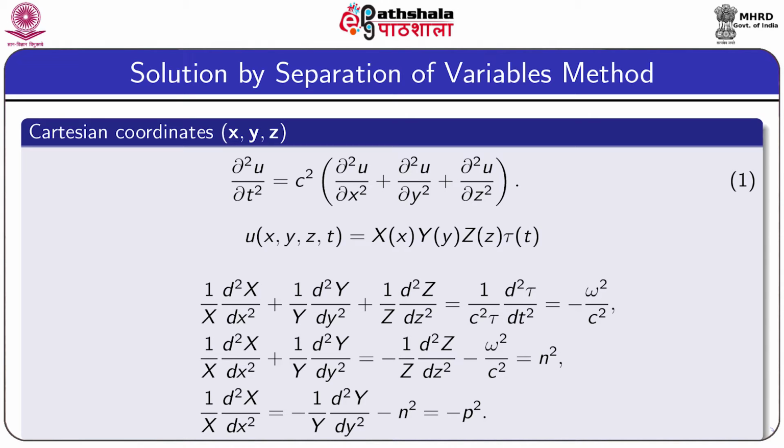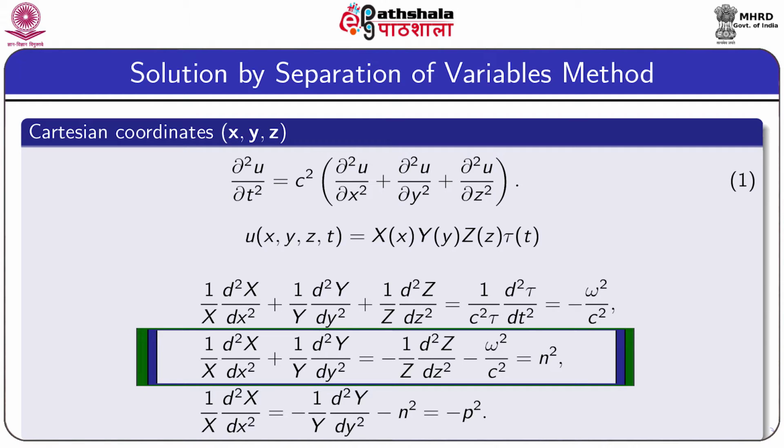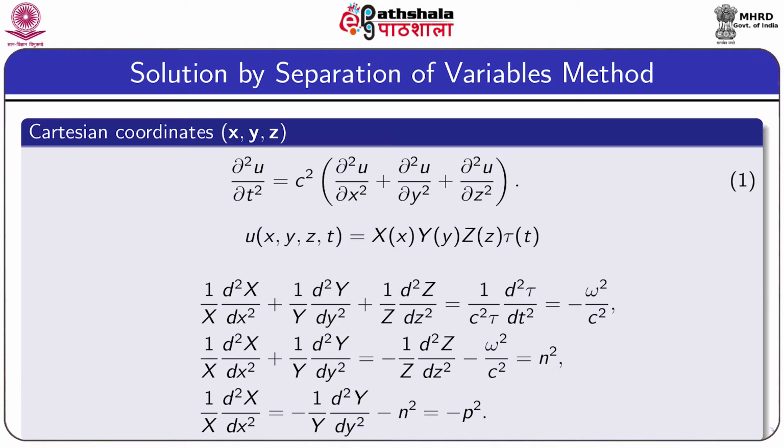Now, using this separation constant, we again separate the function of z from the function of x and y, and that is written in the second line: 1 by X d2X dx square plus 1 by Y d2Y dy square equals minus 1 by Z d2Z dz square minus omega square by c square.